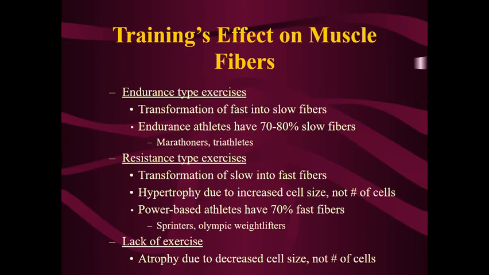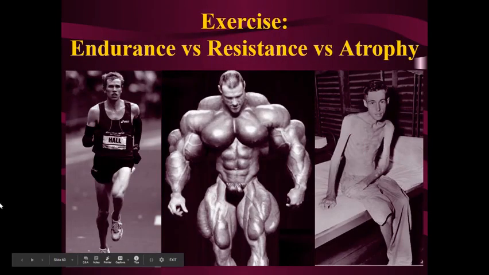Lack of exercise can result in atrophy, where the muscles start to wither, and that's due to decreased cell size, not number of cells. So it can go either way. You can be building up your muscles and causing positive changes within the cells. You can also be creating negative changes in the cells with lack of exercise. So endurance versus resistance versus atrophy.